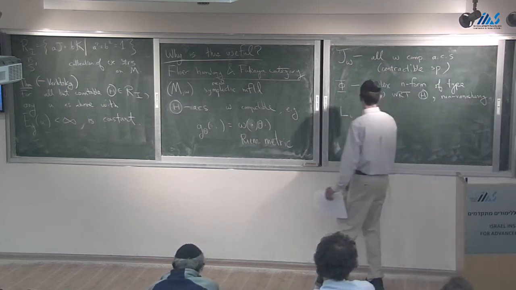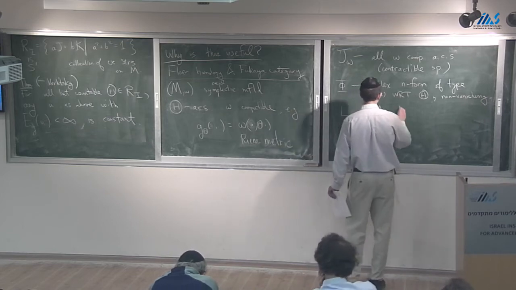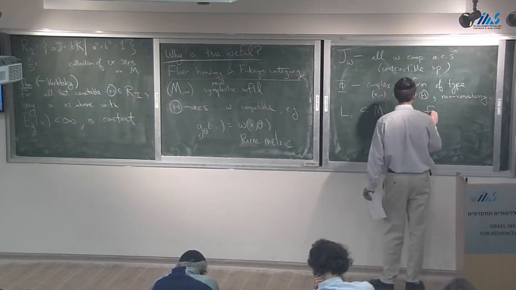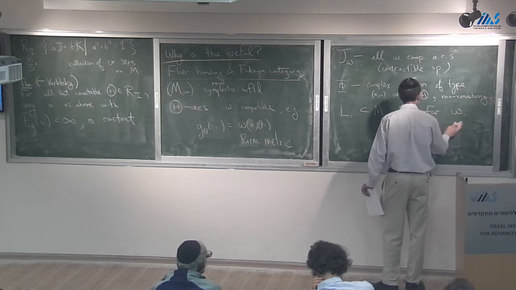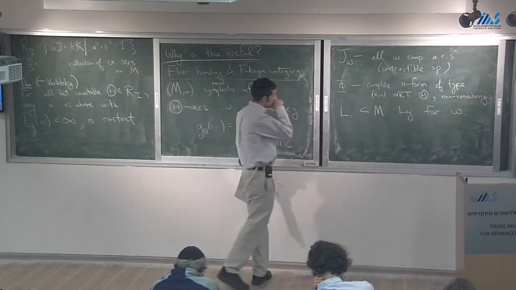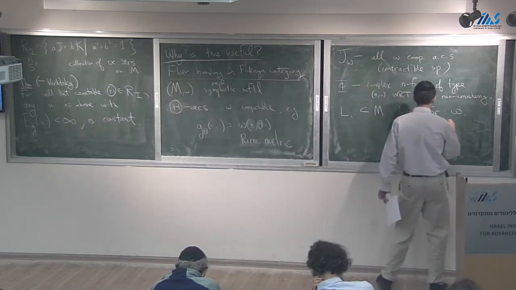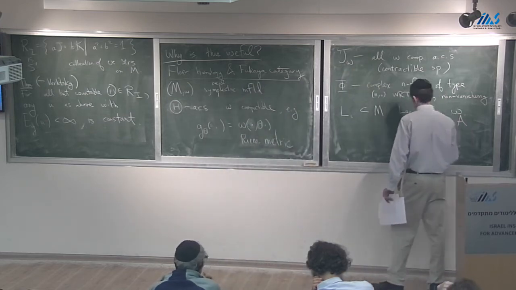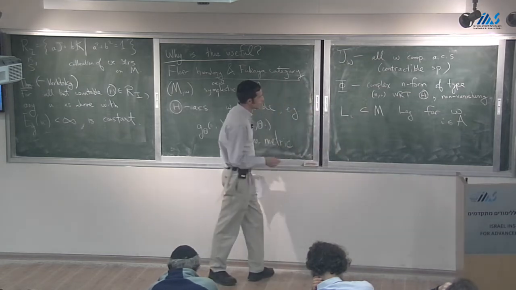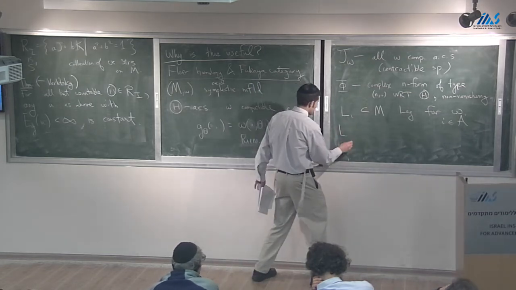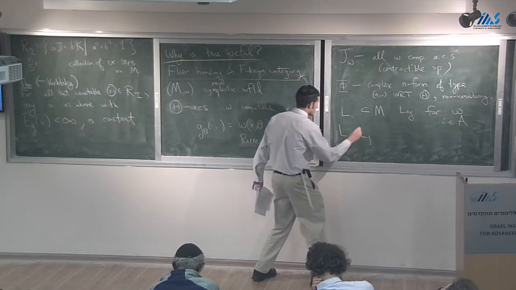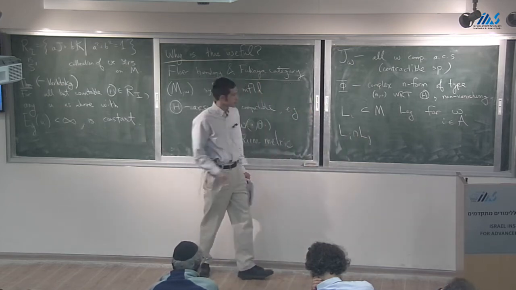So L_i are going to be Lagrangians for little omega, and let's say i runs in some index set A, and I'm going to assume that L_i intersect L_j is clean.